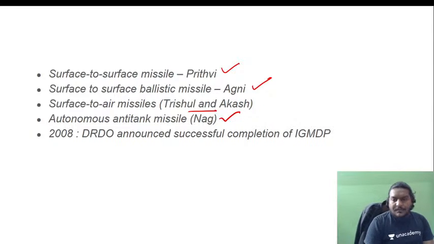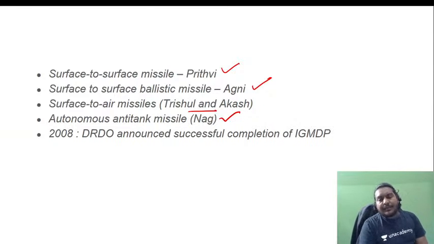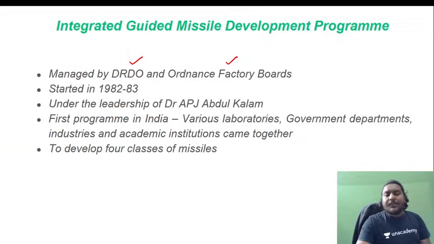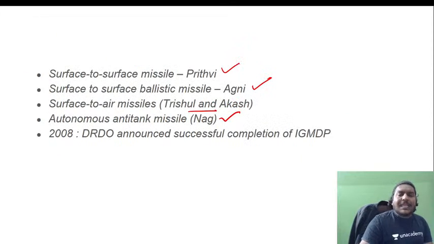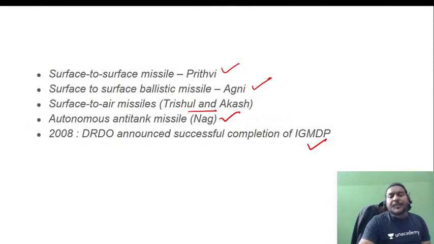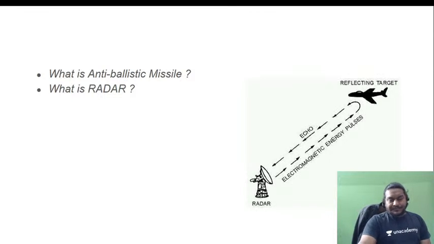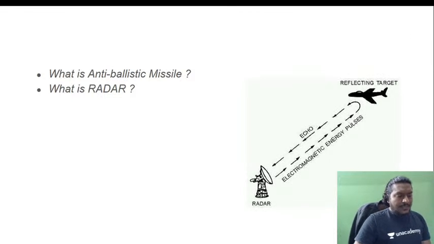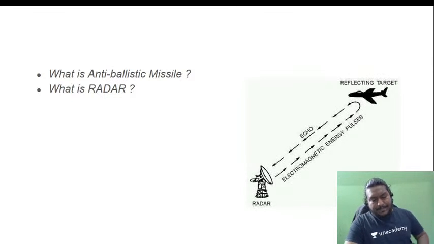This is how we have done it. And finally, after creating this, we were able to do them successfully. And in the year 2008, the DRDO announced that the Integrated Guided Missile Development Program is completed. So this is an announcement made by the DRDO. Then we'll look into the next part.